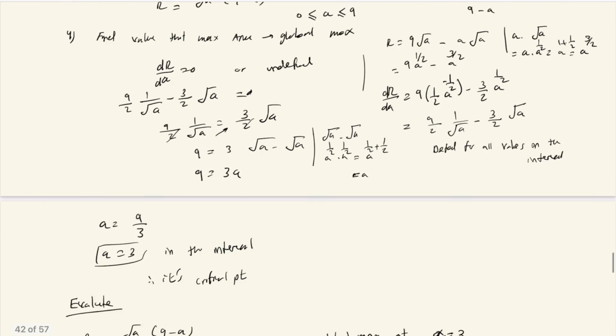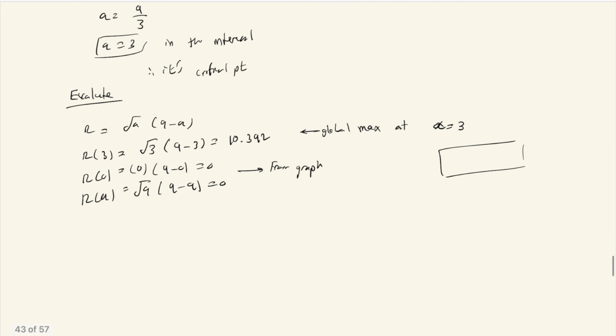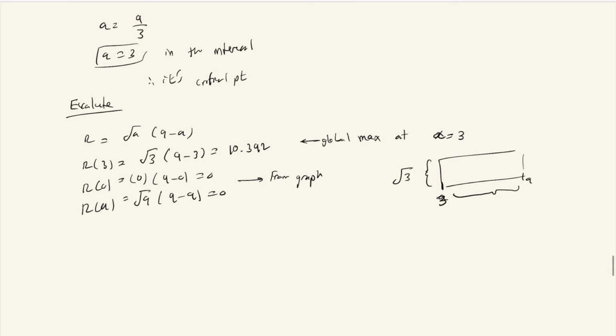So now if we draw that rectangle under our graph, note here we have the first point at a, which is 3, and the second point at 9, and the height is equal to the square root of a, which is the square root of 3. Now, notice this length here is going to be 9 minus 3, which is 6. So the maximum area is going to be square root of 3 multiplied by 6, which is height multiplied by length.